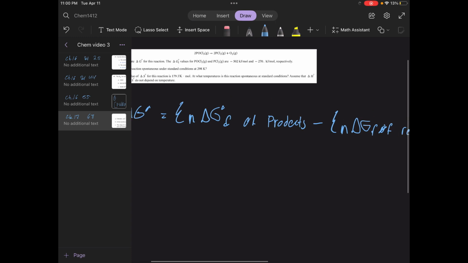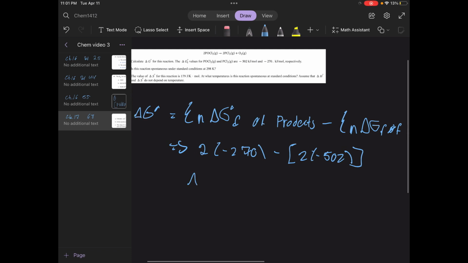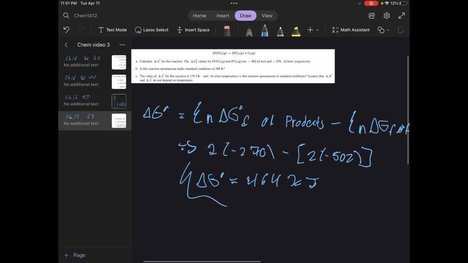Reducing all this down, it just reduces to 2 times negative 270 minus 2 times negative 502. In the end, this is going to spit out a positive number. So our delta G naught is equal to a positive 464 kilojoules. So that's for part A.